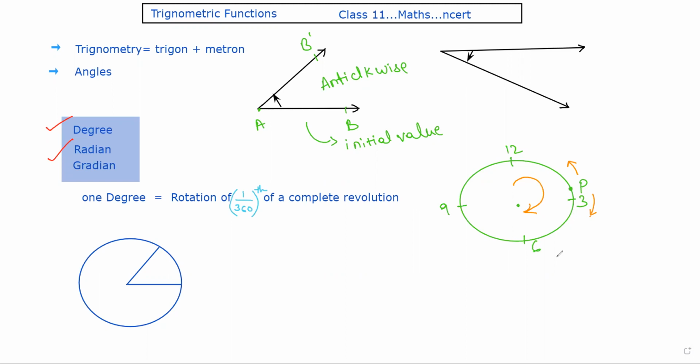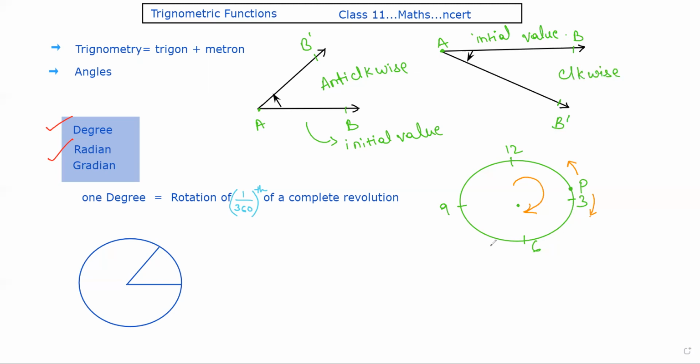Similarly, if you consider the same points AB over here, this will be the initial value of your ray. Again, A is fixed and AB is movable. You can move AB from this point to AB dash. This movement is clockwise in nature.